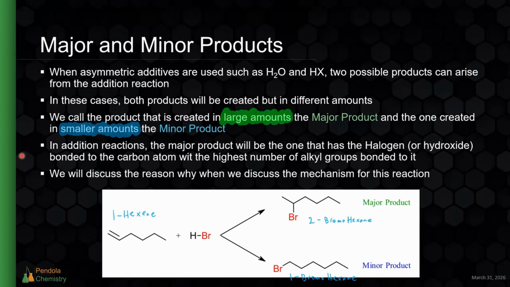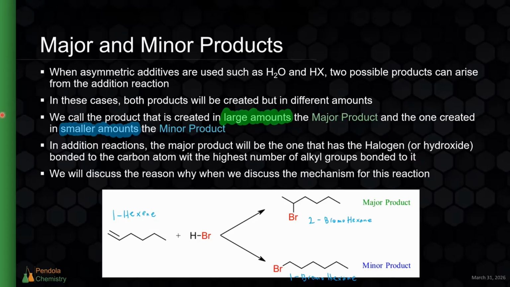In an addition reaction, the major and the minor product are going to be dictated by the position of the halogen. The major product is going to be the one that has the halogen, or the hydroxide if we're using water, and we'll look at that reaction in a second, bonded to the carbon with the highest number of alkyl groups bonded to it.